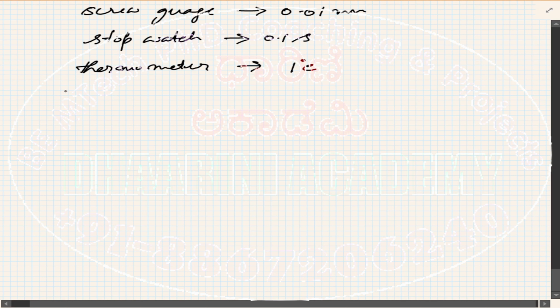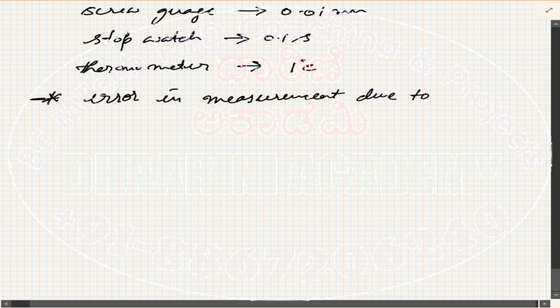So now we know that there is an error, that is error in measurement due to the limitation, that is, least count itself is the limitation of the instrument.